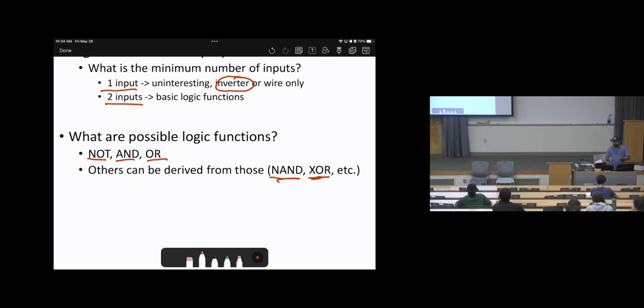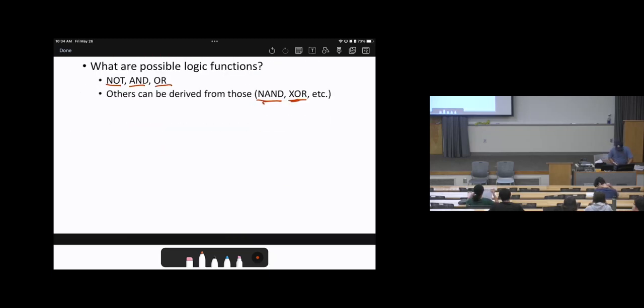Basically we have 3 main gates, which are NOT, AND, OR. The remaining gates can be derived from these 3 essential gates. So let's first discuss these 3 essential gates, then we can derive the other logic gates based on these 3. So these 3 are the most essential ones.